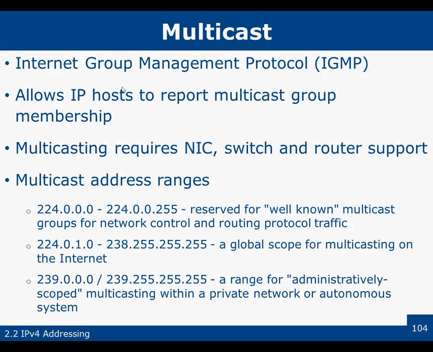The address ranges are 224.0.0 to 224.255, reserved or well-known. A lot of the reserved well-known multicast addresses are going to be for routing protocols that routers use at the higher level, OSPF and EIGRP. They use multicasting to send those addresses.